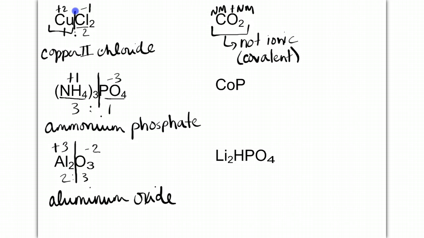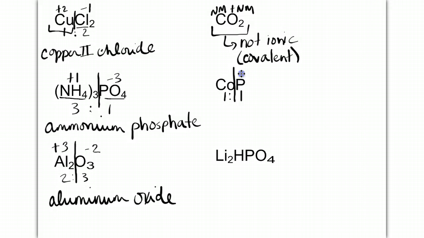My next example is CoP, cobalt and phosphide. And notice I have a 1:1 ratio in this case, so I'm going to have to uncancel. Cobalt is a transition metal, so I can't tell what the charge is using the periodic table. I'm going to have to identify what the charge of phosphide is.